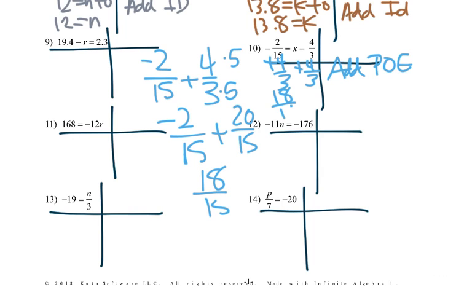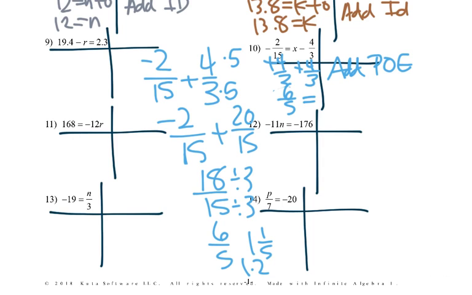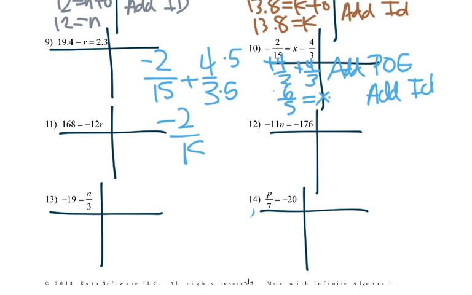So I have 18 over 15, which I probably should reduce that, huh? So divide them both by 3, and I would get 6 over 5, or 1 1/5, or 1.2. Either one of those works. So 6 over 5 equals x plus 0. Then using our additive identity property of 0, we drop the 0, giving us our answer right there. So clear some space here.